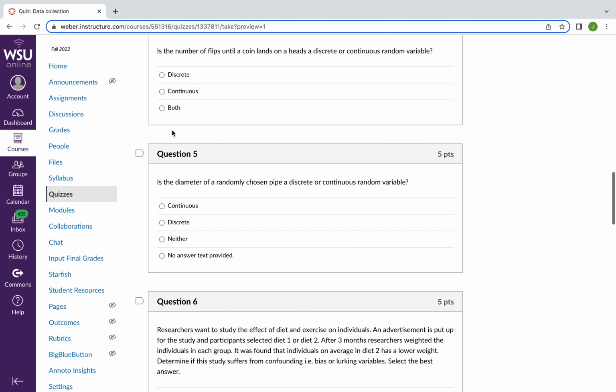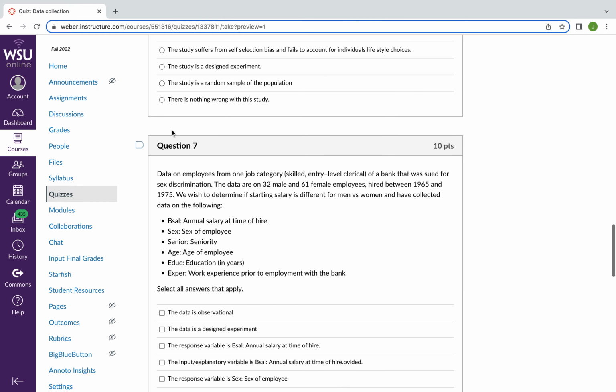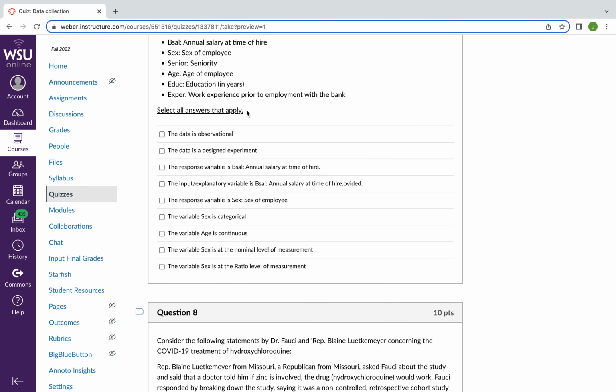So here's what your quiz looks like. Here's a multiple selection problem, and it asks you to select all answers that apply. So you're to select the type of study that was done, if it's observational or if it's a designed experiment.